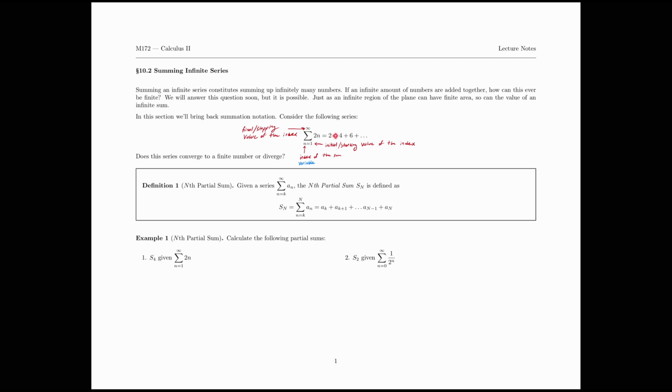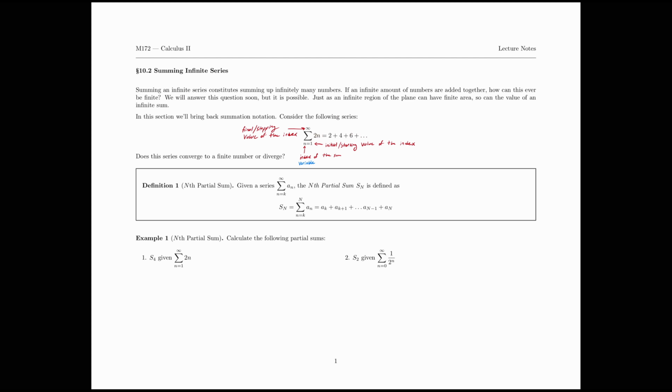And then when we go to the next term of the sum, we increase our index to the next whole number, which is 2. It plugs 2 in here, so we have 2 times 2, which is 4. Plus, we go to the next index, which is 3. 2 times 3 is 6. Plus, so on and so forth, all the way to infinity. That's what a sum does.